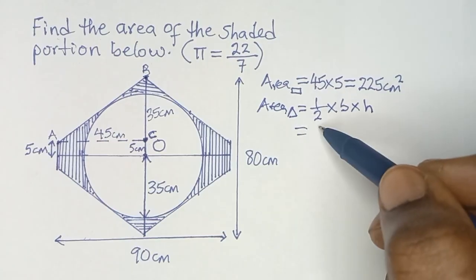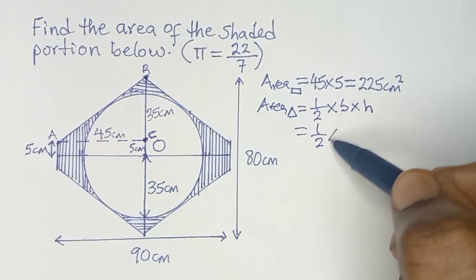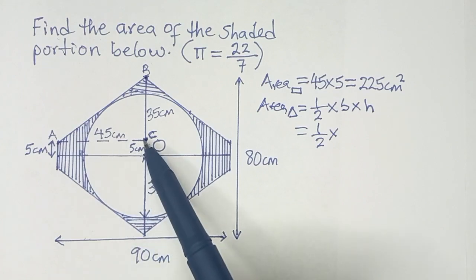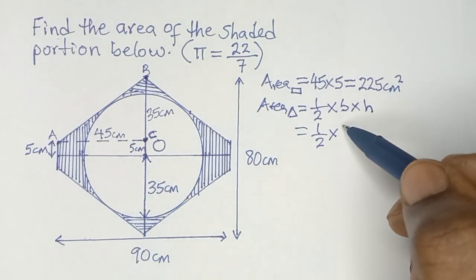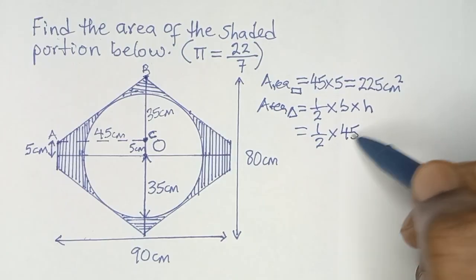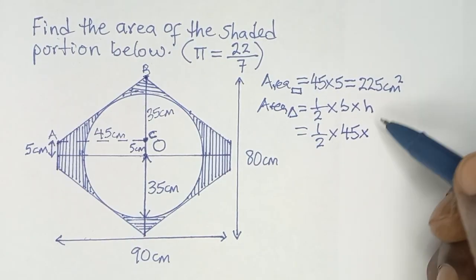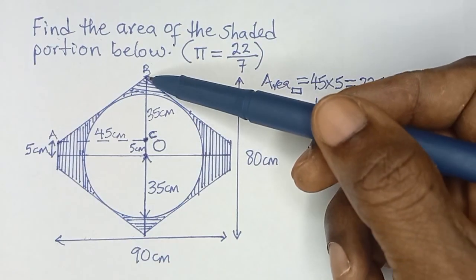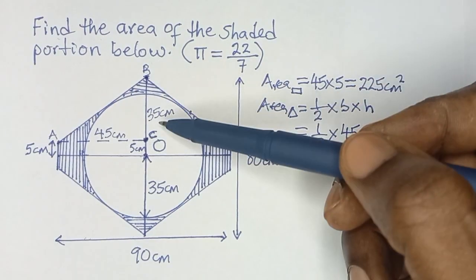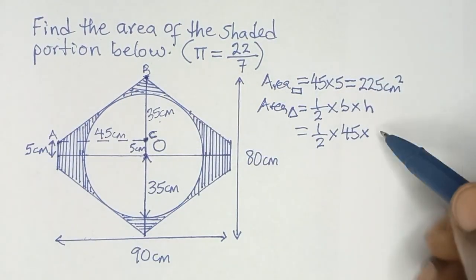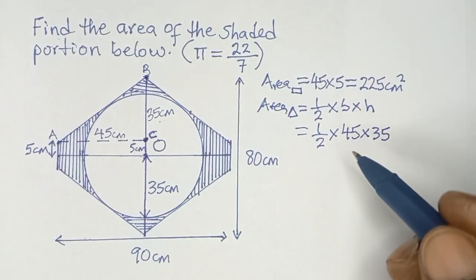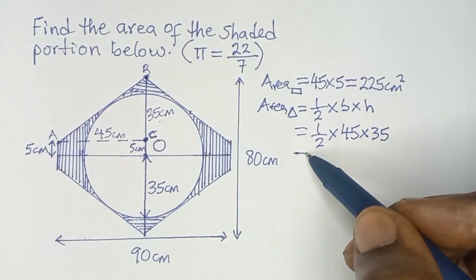That will be equal to half multiplied by the base, which will be this length, 45. So this is the base of the triangle, 45. So half times 45 multiplied by the height. The height is going to be from here to B. So CB is the height, which is 35 centimeters.